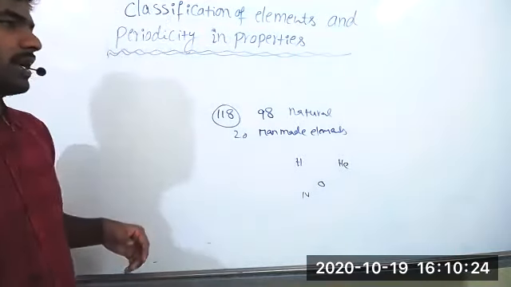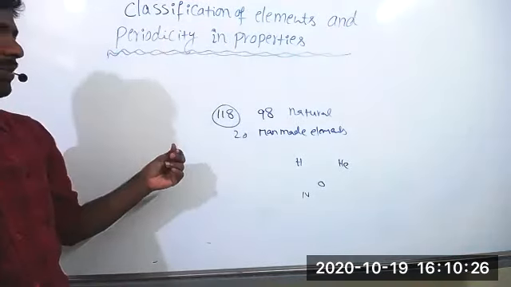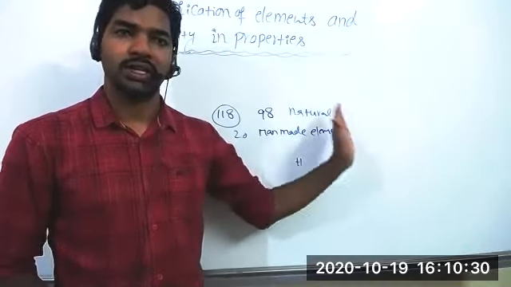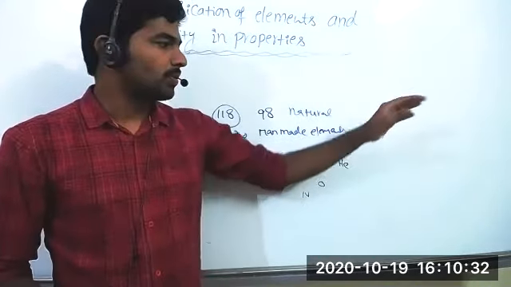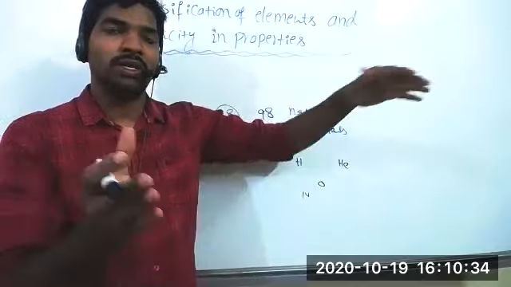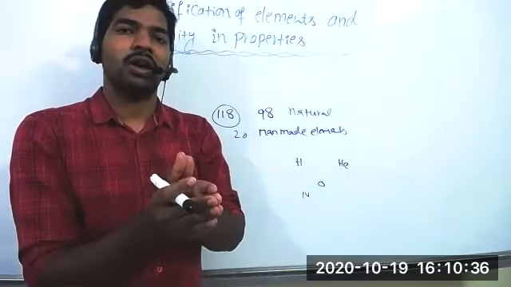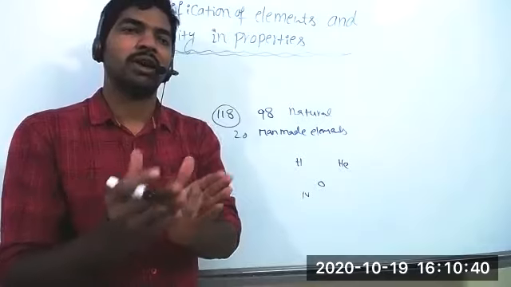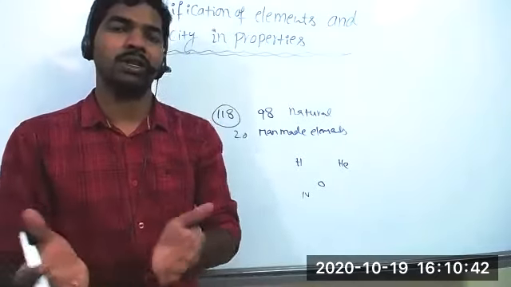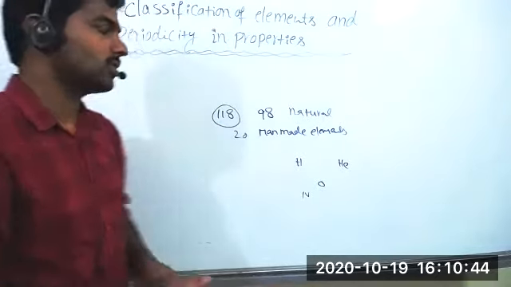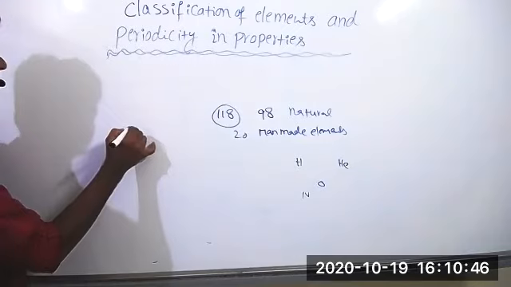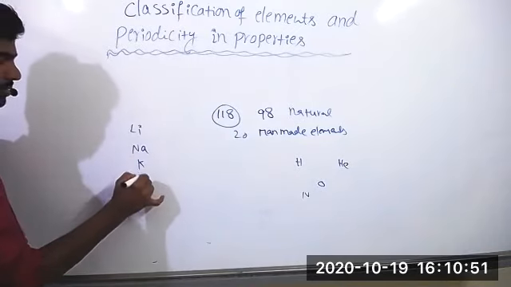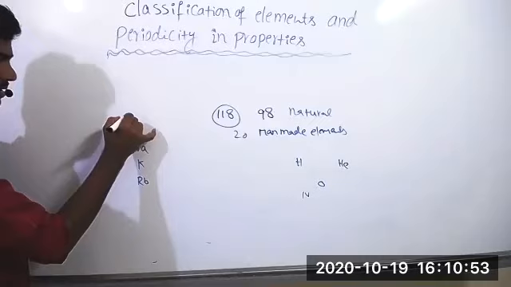So we can define the periodic table as the table in which all the known elements are arranged in such a way that a group of elements which have similar properties are grouped together, and the elements which have different properties are placed in another group. That's called the periodic table. Suppose I write a few elements: lithium, sodium, potassium, rubidium, these have the same properties.